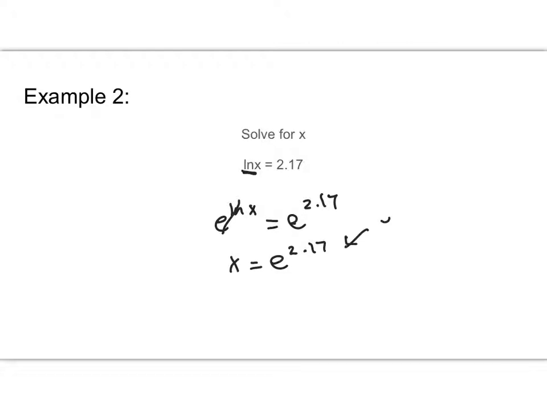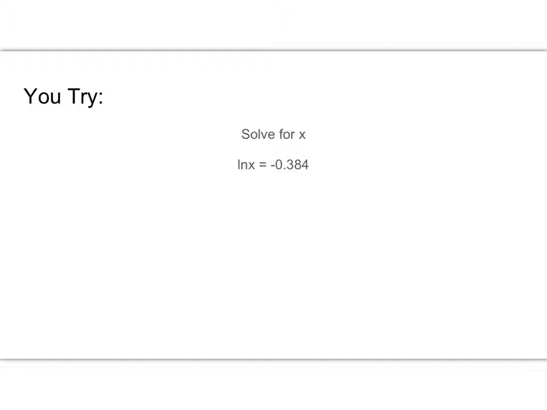This equals 1, which means that x equals e to the 2.17. This is an exact answer, and depending on what you're doing, that might be appropriate, or it might be appropriate to find the decimal value of that, which ends up being 8.76-ish. All right, here's one for you to try. Pause the video, start it when you're ready.